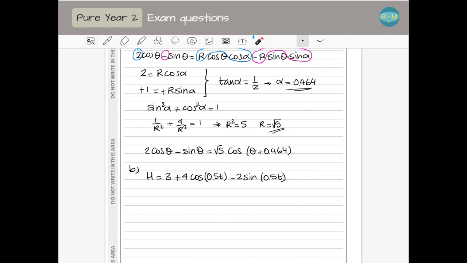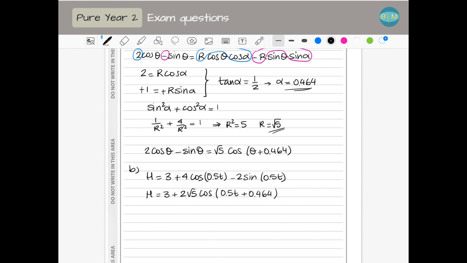So I'm going to write h as 3 plus 2 times root 5 cos(0.5t + 0.464).